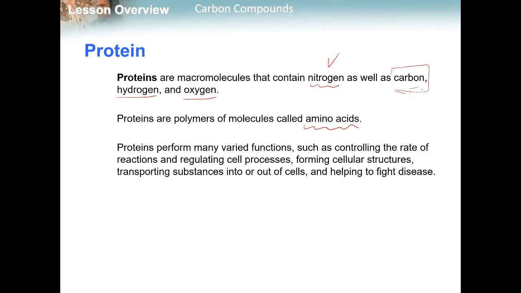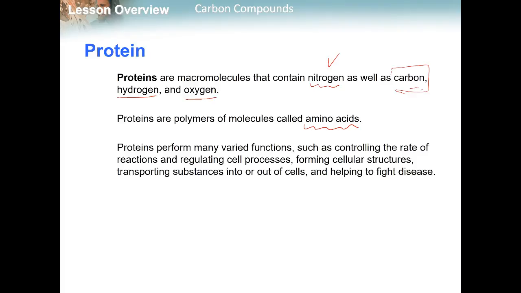So there are specialized proteins called enzymes that lower the amount of heat that's needed for reactions to happen. So proteins make those enzymes. They regulate the cell processes. So here we go, DNA. It contains the directions that will regulate the cellular activities that happen in your cells.